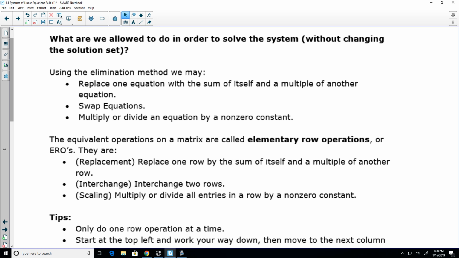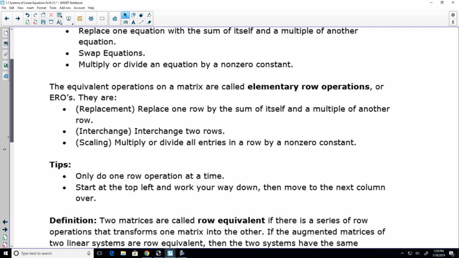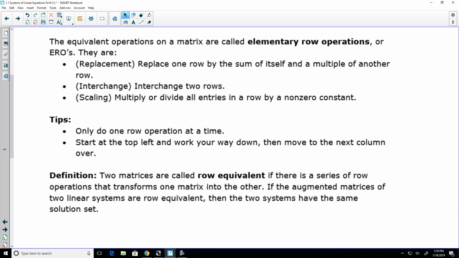So all of these things are allowed. They're equivalently called elementary row operations in matrices. So the rows of our matrices can represent equations. If we're solving a system with matrices, we can do all those same things, but with the rows of a matrix.